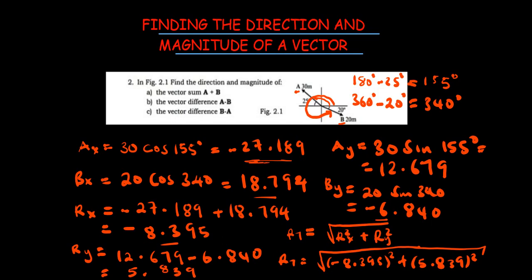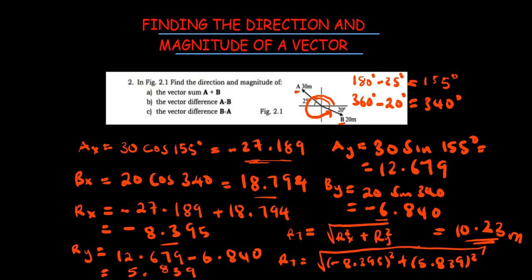So when I square this and just plug this into my calculator, rounded off to two decimal places, it will be equal to 10.23 meters. So that is the magnitude. Okay, we found the magnitude.